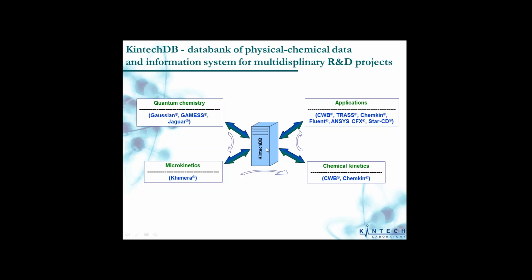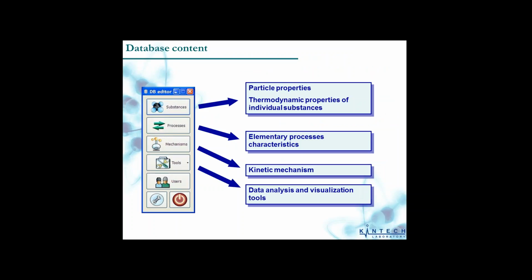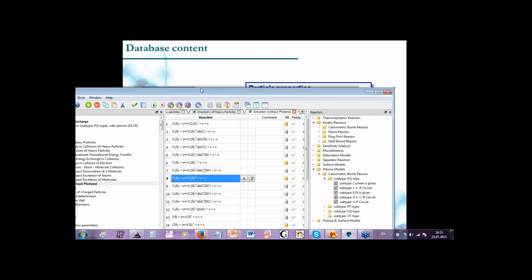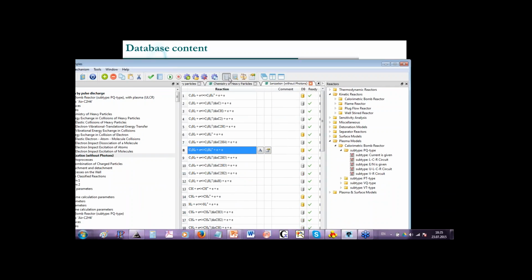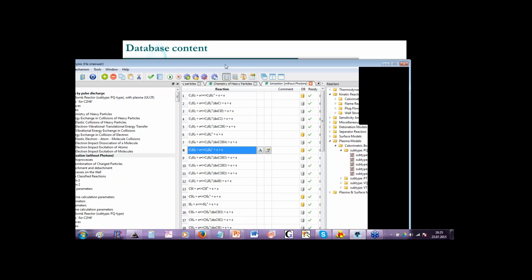So data generated inside our database can also be delivered in the ChemKin format. This data can also be delivered to Fluent, ANSYS, StarCD, and other CFD codes. About the structure of the database, let me better go to the code. Now we are going to the database.